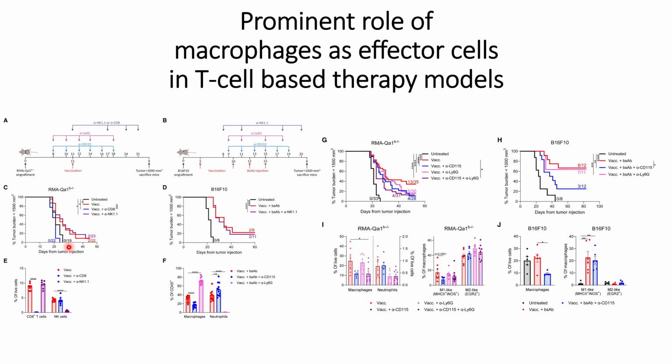What they found is that for the first model, the RMA Q1B negative engraftment mice model, when they used anti-CD8 plus T cells, they did not see any increase in the survival rate.